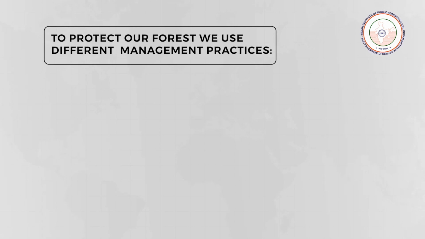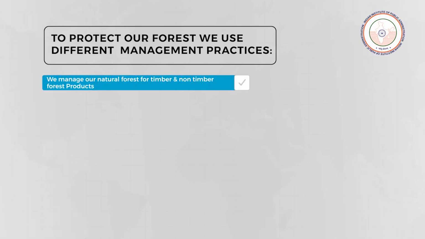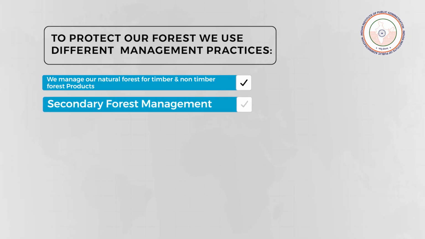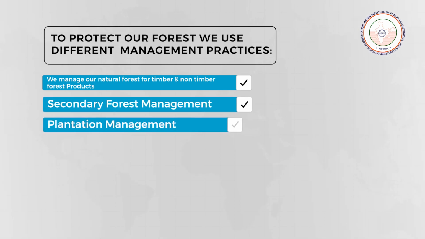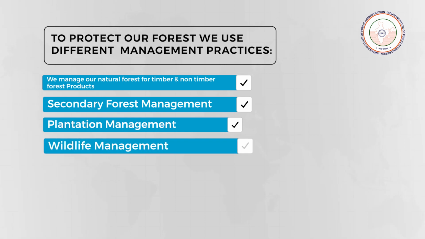To protect our forests, we use different management practices. First, we manage our natural forest for timber and non-timber forest products. Second, secondary forest management. Third, plantation management. Fourth, wildlife management, because this is equally important, and biodiversity is important for us.